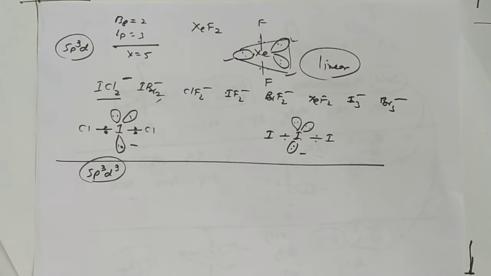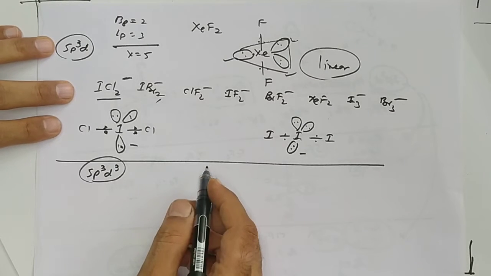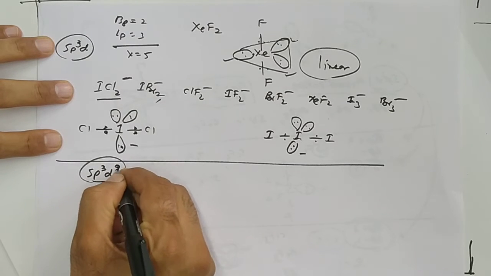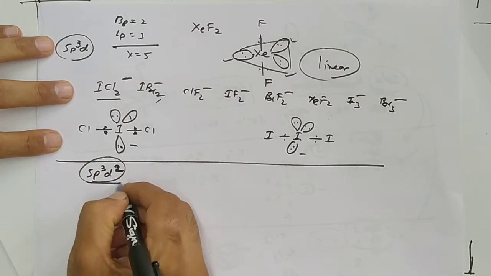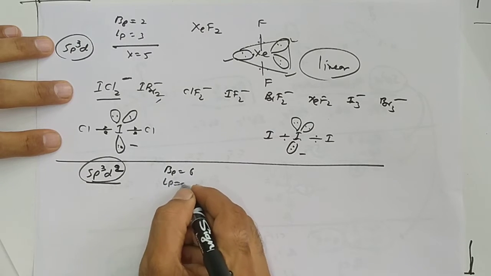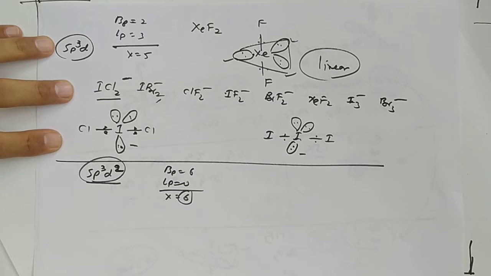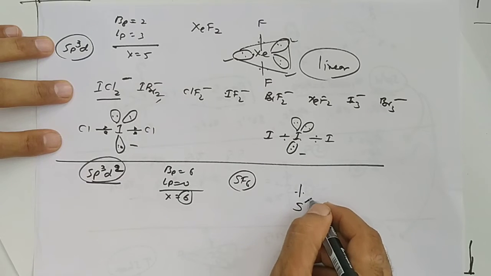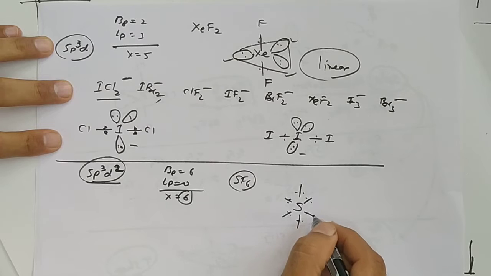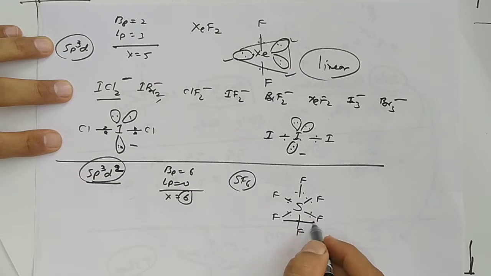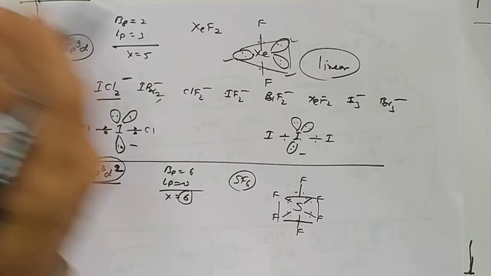In this case, first sp3, then d2, so the total is 6. All the bonding pairs are 6 and lone pair 0. So the value is 6, so sp3d2. Example of it, SF6. 1, 2, 3, 4, 5 and 6. The geometrical shape is octahedral.